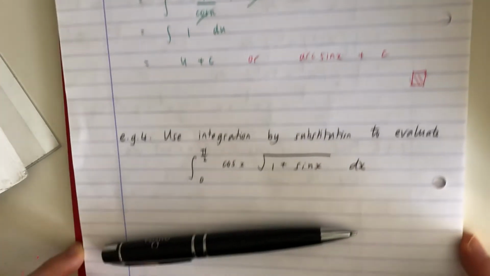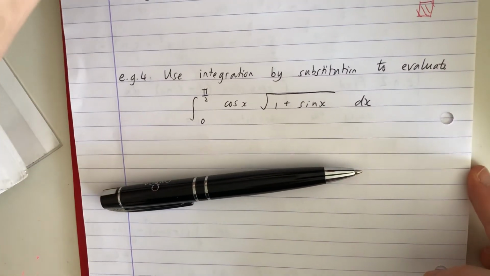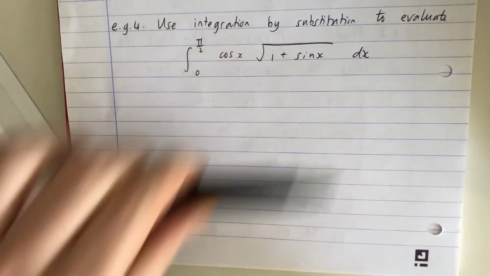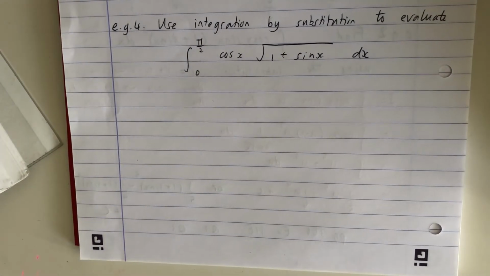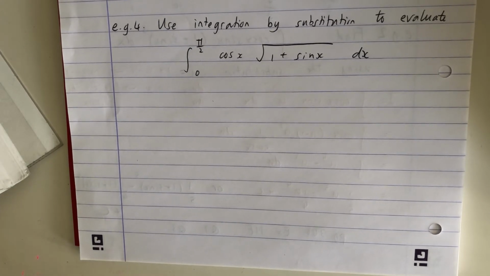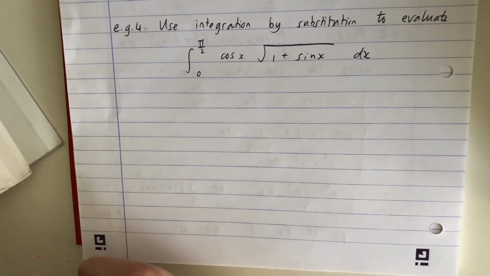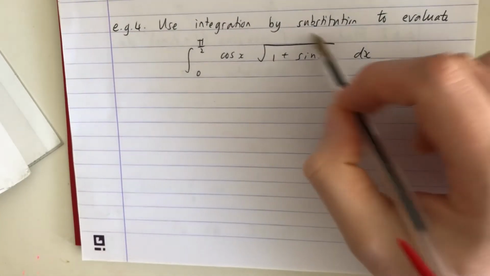Okay, one more type of example. Some definite integration. So you want to integrate this complicated looking function using substitution. So are there any suggestions of what substitution to pick? Now, I know it didn't work last time, but it might work this time.